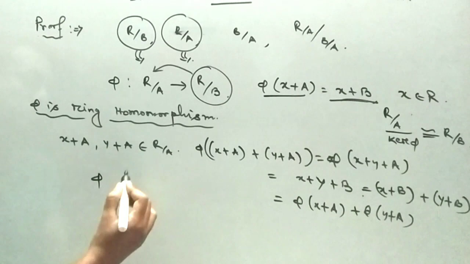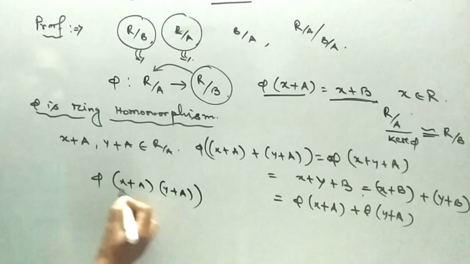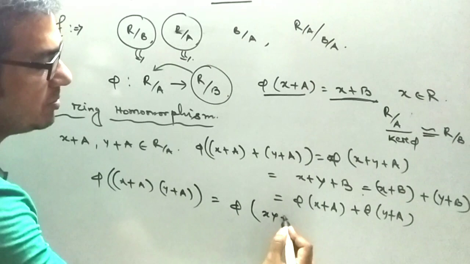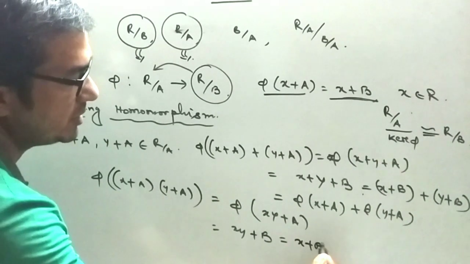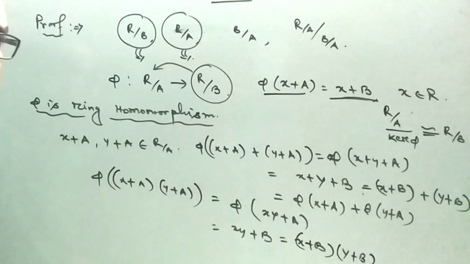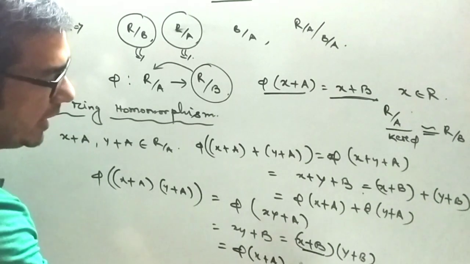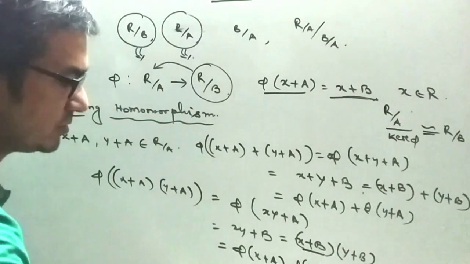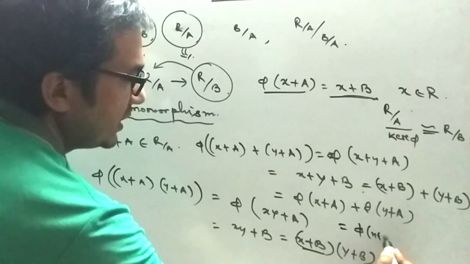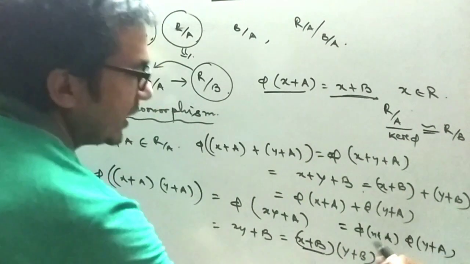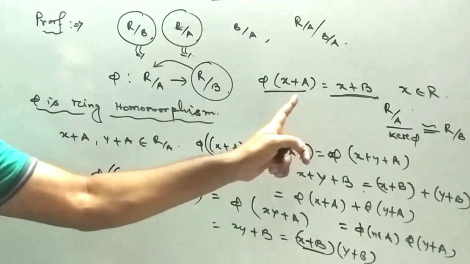And for preservation of multiplication, we let phi of (x plus A) times (y plus A) equal phi of xy plus A, which equals xy plus B. This is equal to (x plus B) times (y plus B), and this is phi of x plus A times phi of y plus A. So the multiplication is also preserved by the function phi.